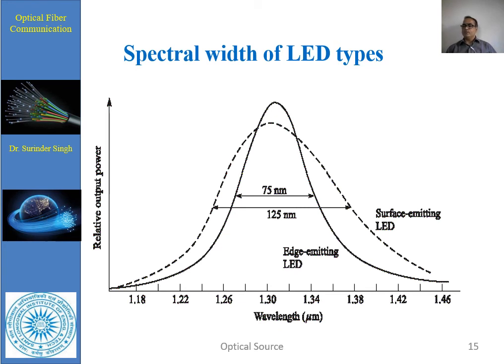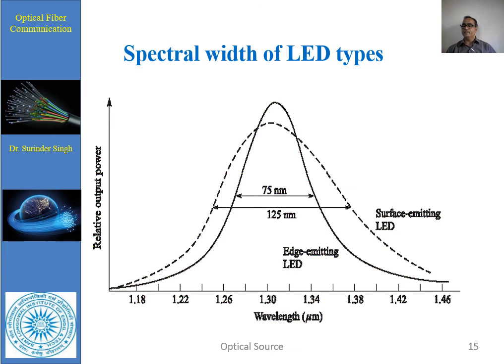The light source material which we use for this LED is from group three and group five compounds: the third group elements like aluminum, gallium or indium, and from group five, phosphorus, arsenic, antimony.